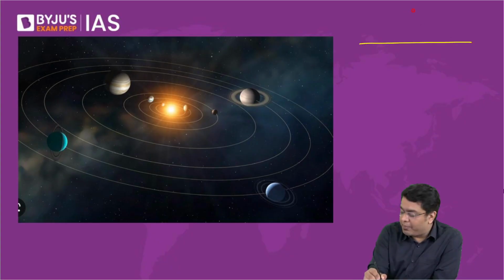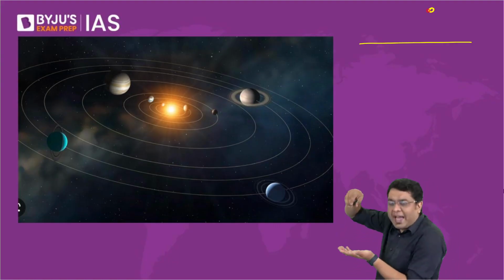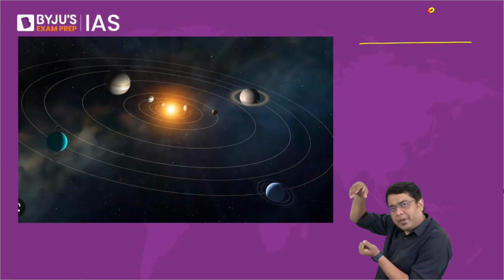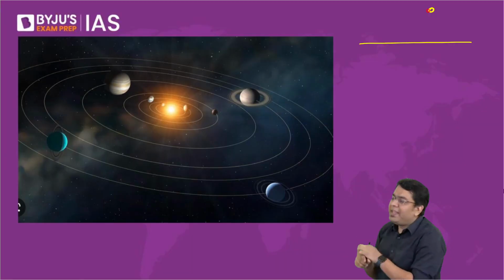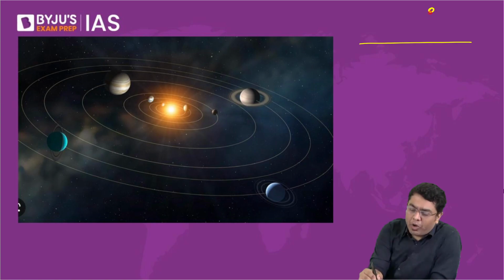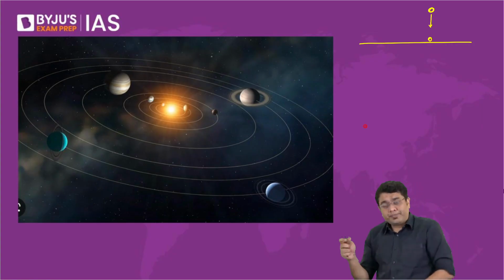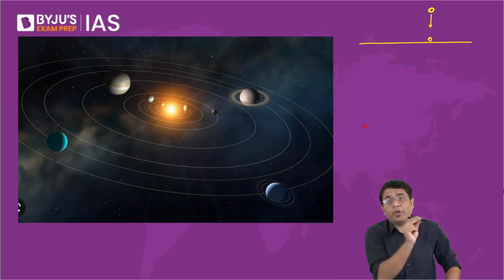Let's suppose you have a ball in hand. Suppose I have this pen which represents the ball. Now, if I drop this pen, aided by gravitation, it will simply fall down, isn't it? But then let's suppose this pen has a velocity.